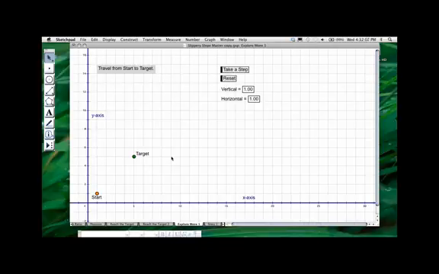Questions before we continue on? Can you go from target to start? You would need to do a little redesign of the sketch, but yes, I'm quite sure that we could figure out a way to go from target to start.